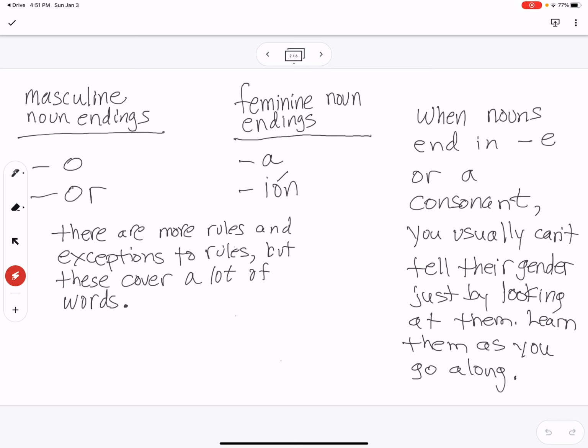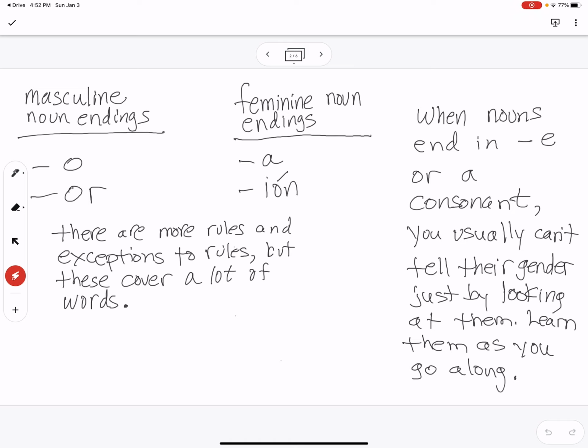Or the word profesor ends in OR, that tells you that it's masculine. And feminine endings. If you see a Spanish noun that ends in the letter A or the letter combination ión, those are going to usually be feminine. So you would use feminine articles with them.